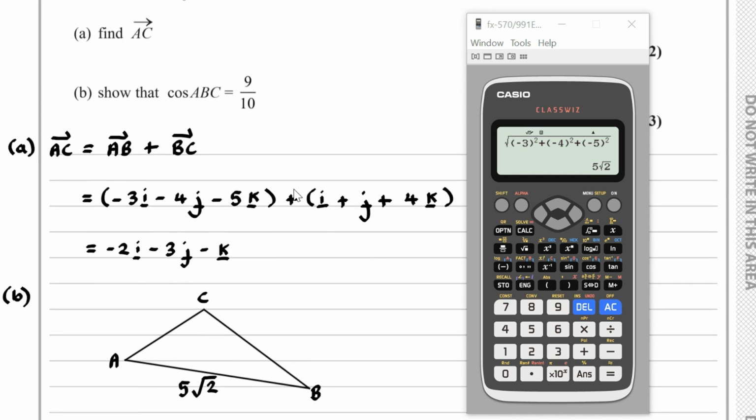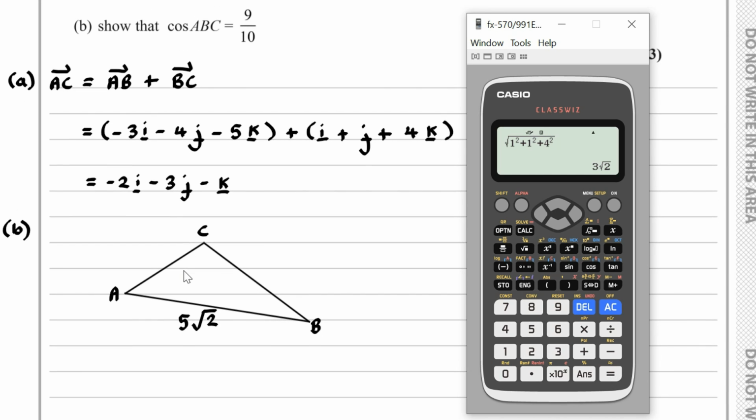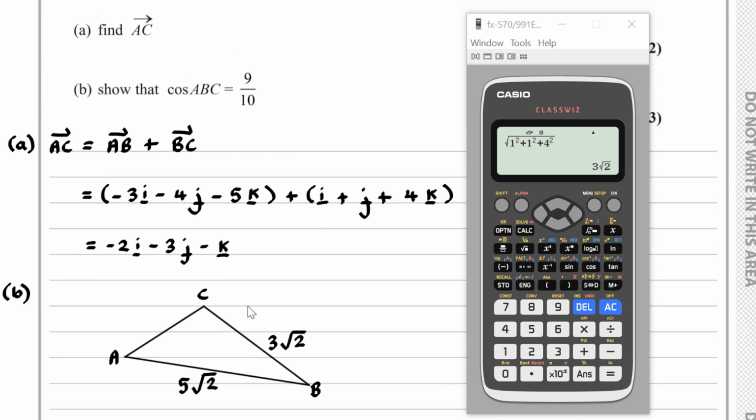Let's find out what BC is in terms of its magnitude. 1 squared plus 1 squared plus 4 squared is 3√2. We have 3√2 here.